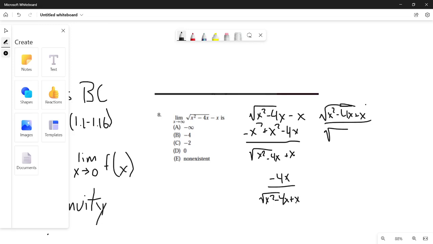So they cancel on top, and then you have the bottom part. The strategy is you're supposed to divide everything by x. You just have to know that you can take these roots out and it will work out. This you can just do in your head. You don't have to actually write this out.